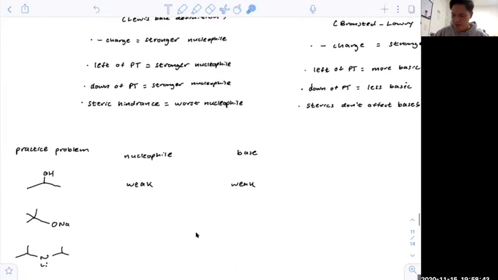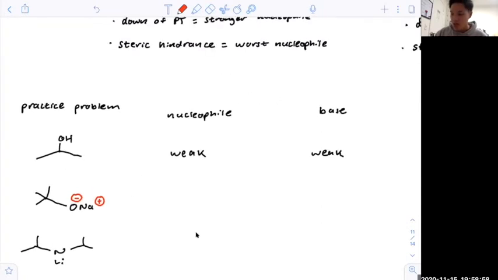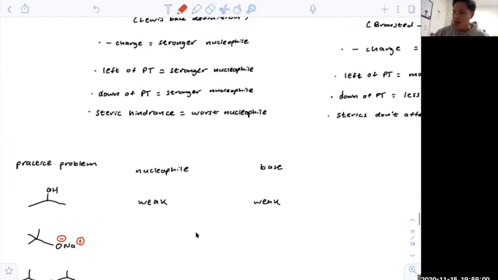Okay. And then now we have this tert-butoxide ion. Remember, this Na is just a spectator ion to shield that negative charge, but in reality, we do have a negative charge oxygen. Okay, let's see. We have a negative charge here. We have down left of the periodic table, it's an oxygen, so it's okay.